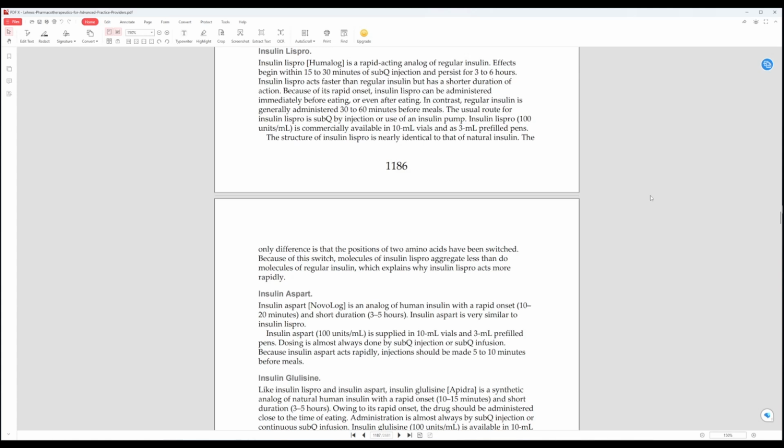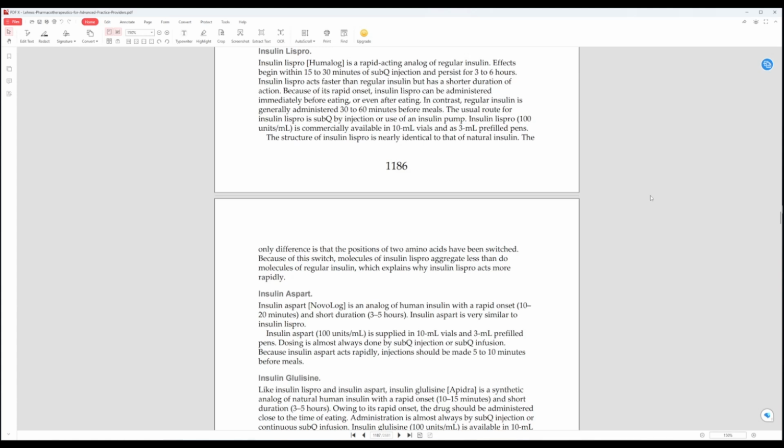Because of its rapid onset, insulin Lispro can be administered immediately before eating, or even after eating. In contrast, regular insulin is generally administered 30 to 60 minutes before meals. The usual route for insulin Lispro is sub-Q by injection or use of an insulin pump. Insulin Lispro is commercially available in 10 ml vials and as 3 ml pre-filled pens.